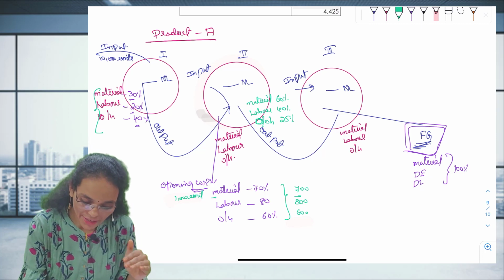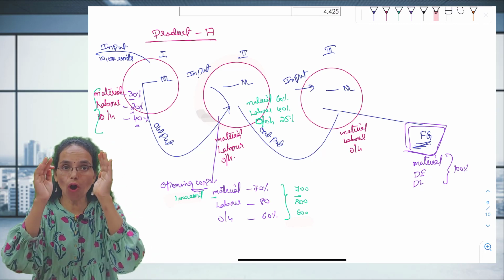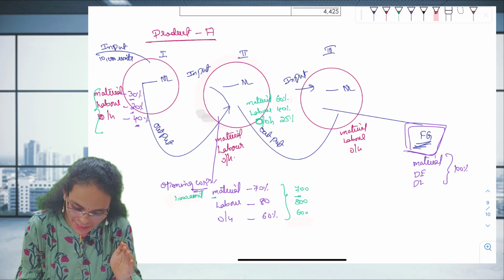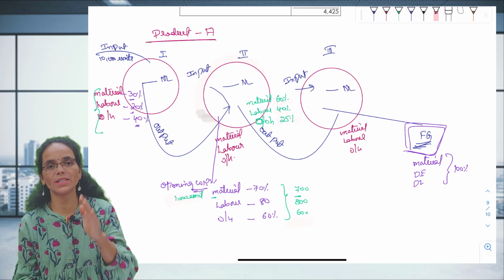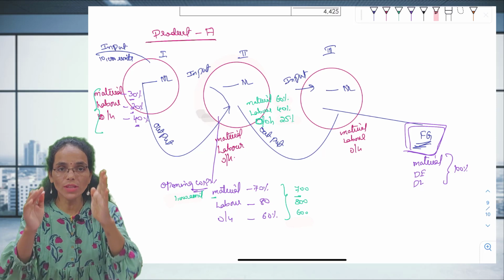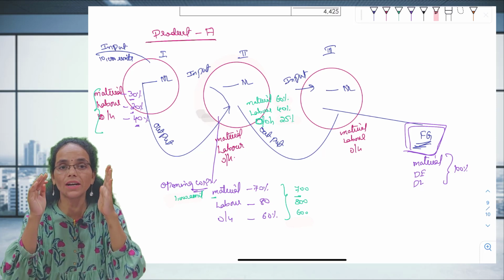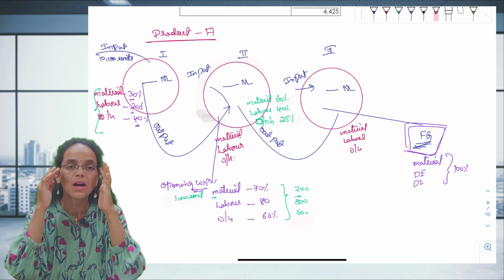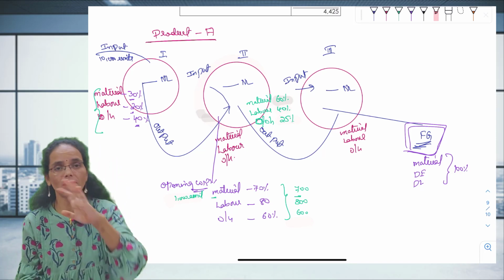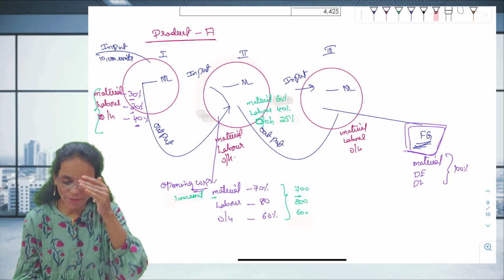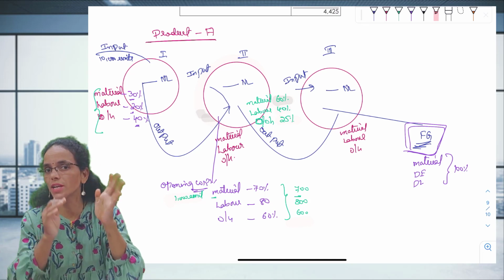In the sense, in the current process, how much have we consumed? Material 60%, labor 40%, overhead 25% in the second process. So the equivalent units, I will say 60% of the closing stock whatever I have, will be the cost of the second process.